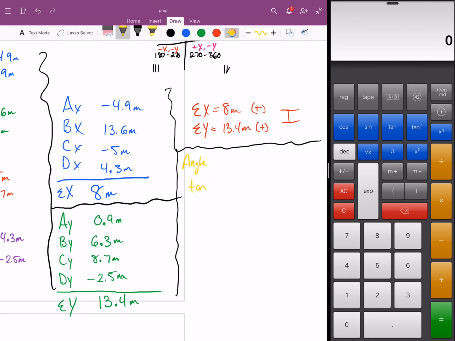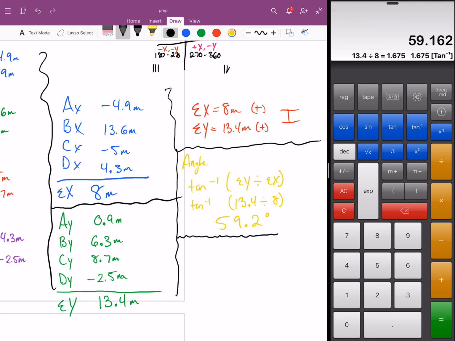Inverse tangent of sum of y divided by the sum of x. In this case, 13.4 divided by 8, inverse tangent, 59.2 degrees. That also matches quadrant 1.